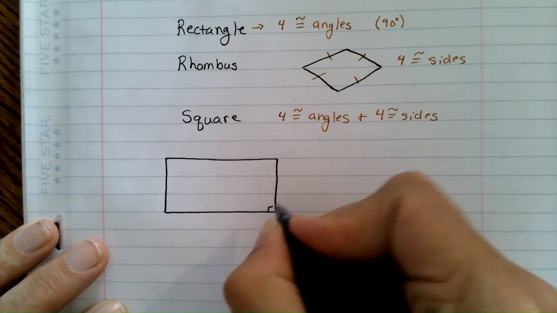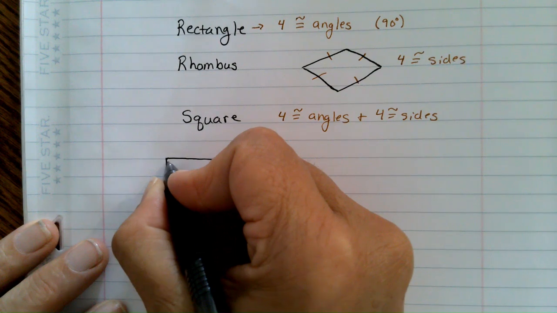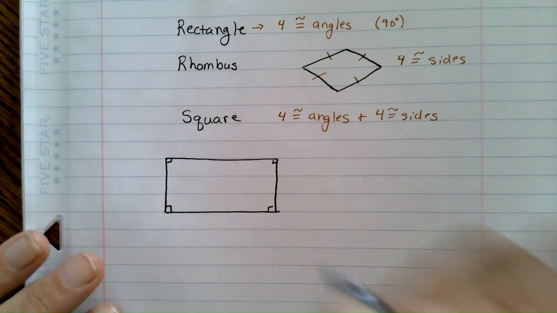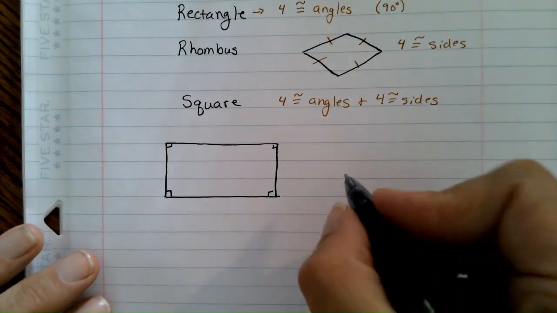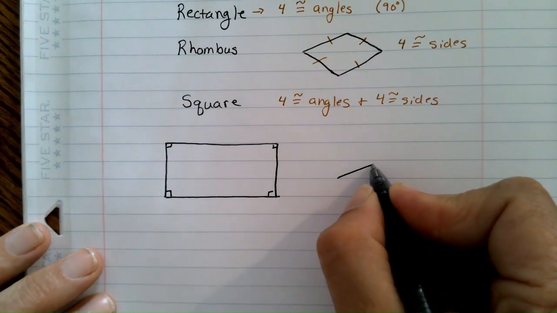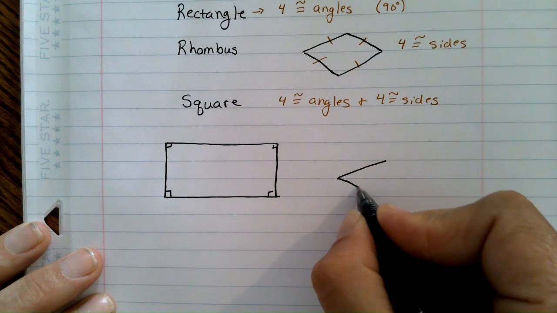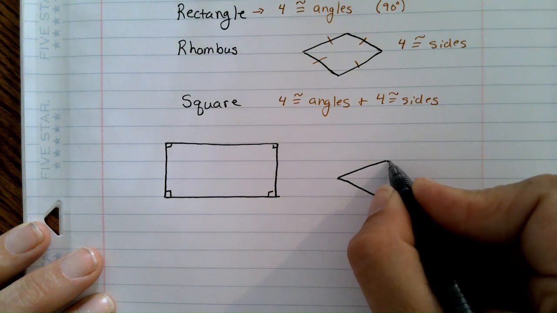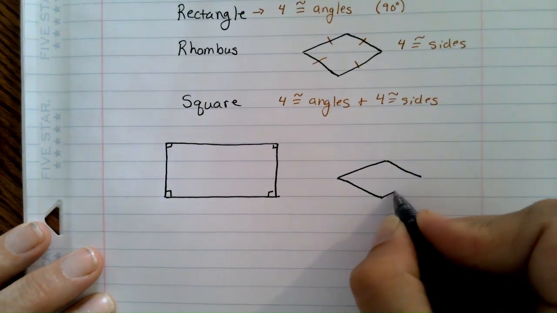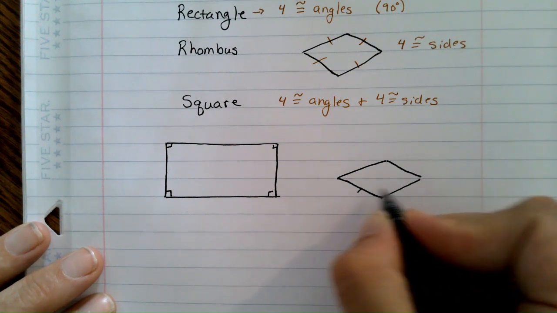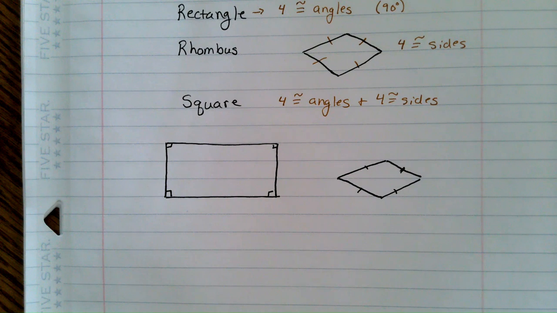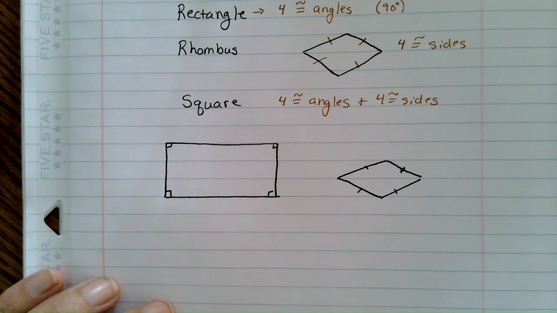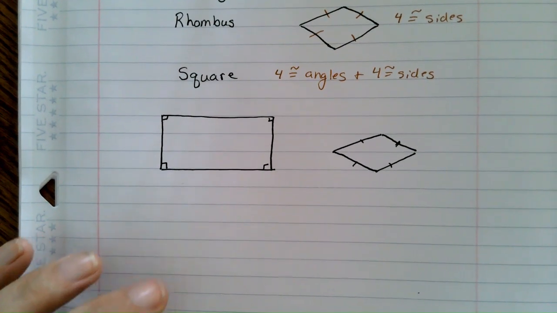So remember, this is 90, this is 90, this is 90, this is 90, okay? And congruent, congruent, congruent, congruent. Okay, so we've got the rectangle on the left, the rhombus on the right.